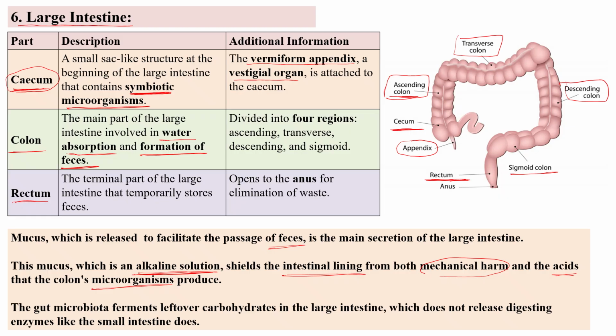Now the gut microbiota which are present here ferment the leftover carbohydrates in the large intestine, because the large intestine does not release any digestive enzymes like the small intestine. So mainly in the large intestine, absorption of water takes place and the formation of fecal matter takes place.